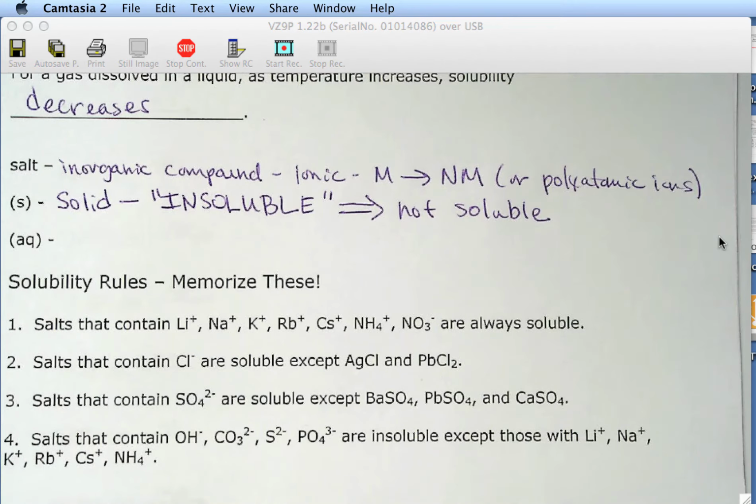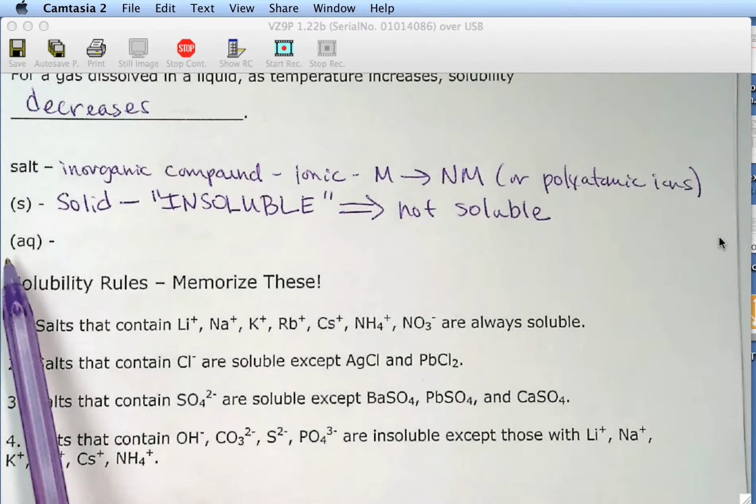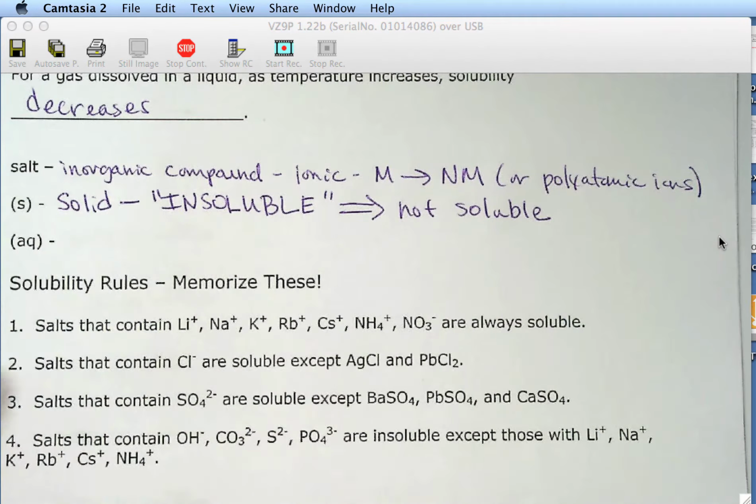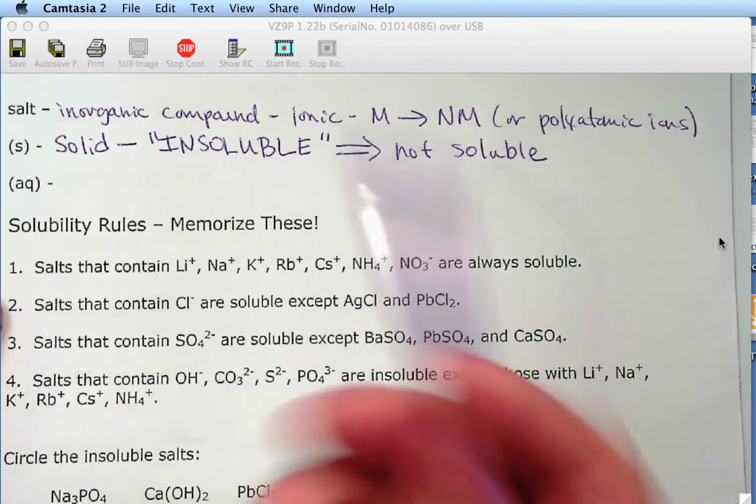And tonight in lab, we will see the solids form, and we'll see how that influences our reactions. But whatever you need to do to convince yourself that that S does not stand for soluble, start thinking of it now. What does AQ stand for? Aqueous.